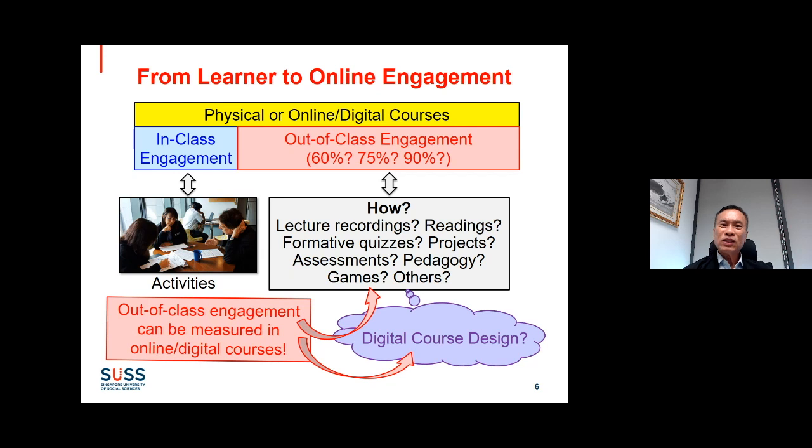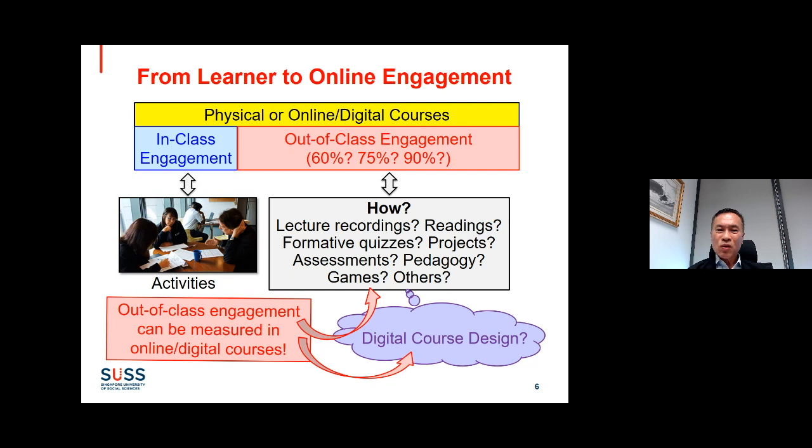Nowadays, we have learning management systems. When we put things online, and when students access what we put online, they leave a trail, they leave data. And because out-of-class engagement generates a lot of this data, we can actually measure and observe engagement out of class for digital courses. And this is what is very important.